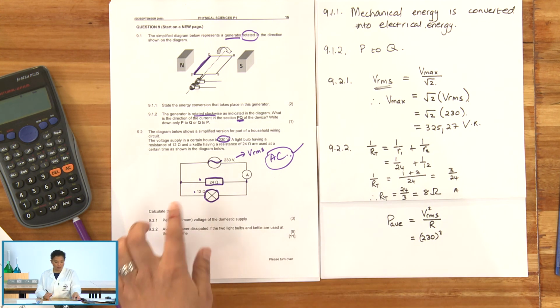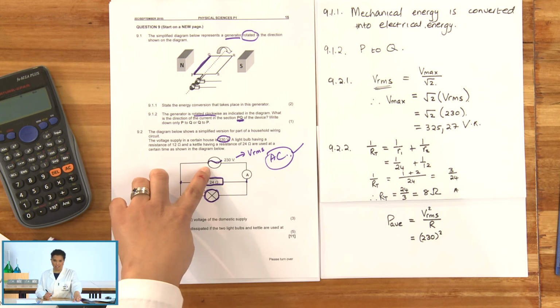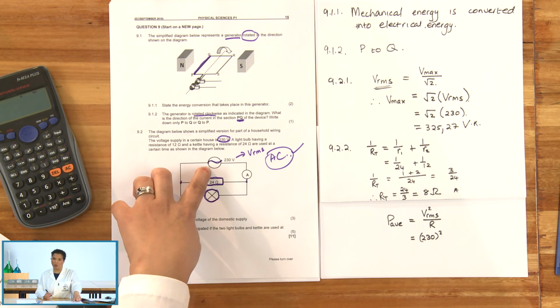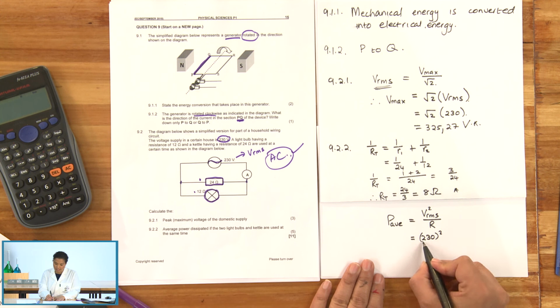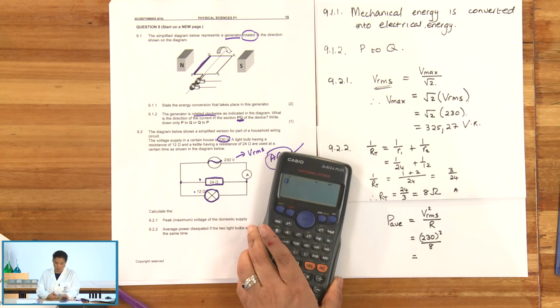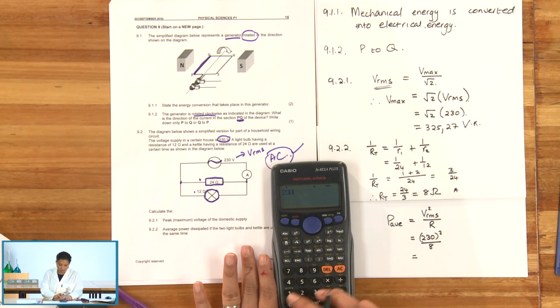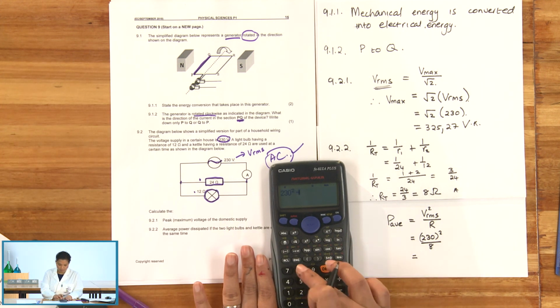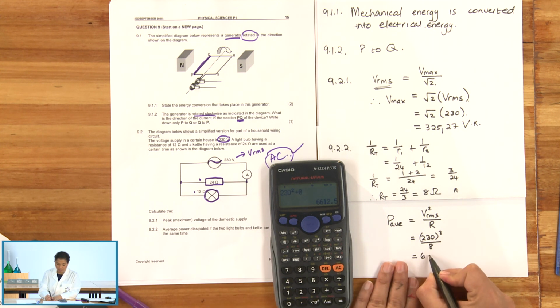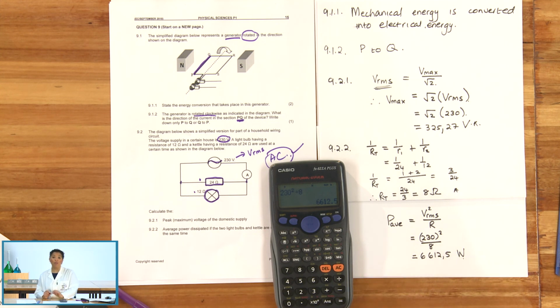Where did we get that from? Well, from our circuit diagram. Our VRMS equals 230 volts. And that's divided by our total resistance of 8. And if we pop that into our calculator, we get an answer of 6,612,5. We're looking for power. And the unit for power is the watt.